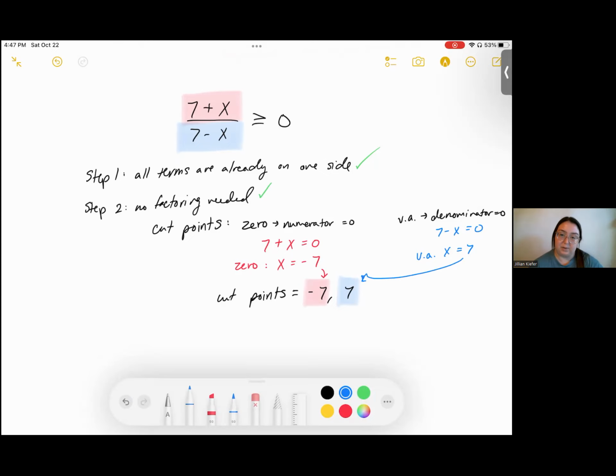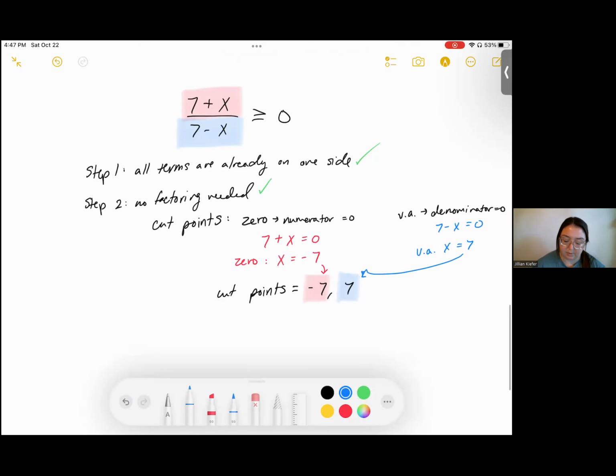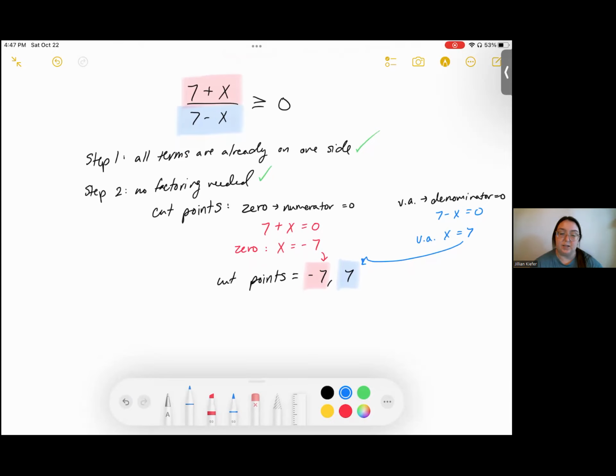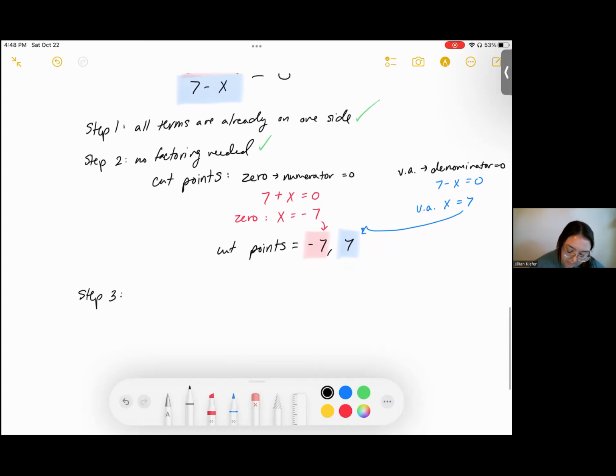So we found the 2 cut points. Step 3 is to find the intervals of your rational function, separated by the cut points. So for step 3, we're going to draw a number line.